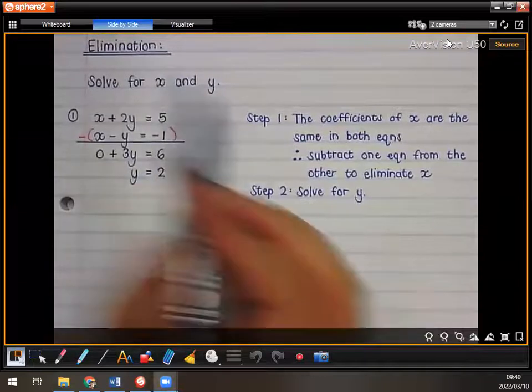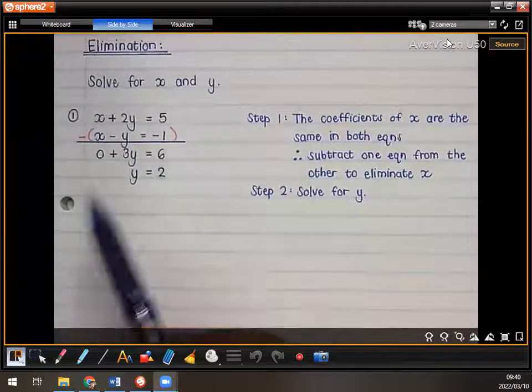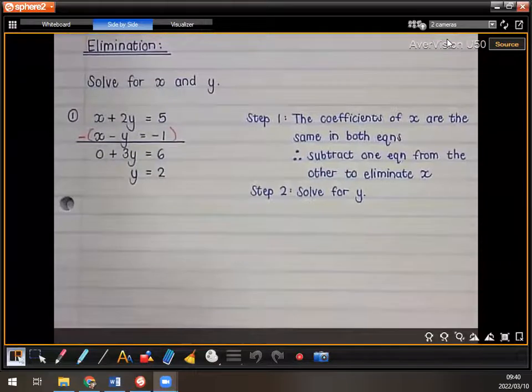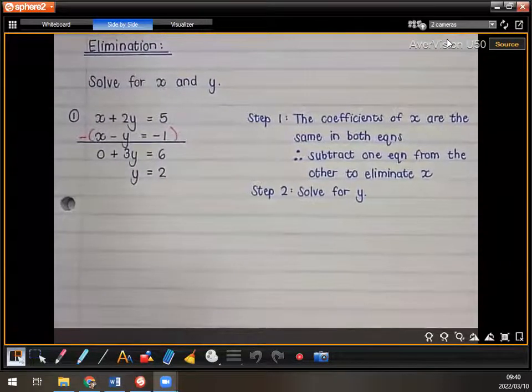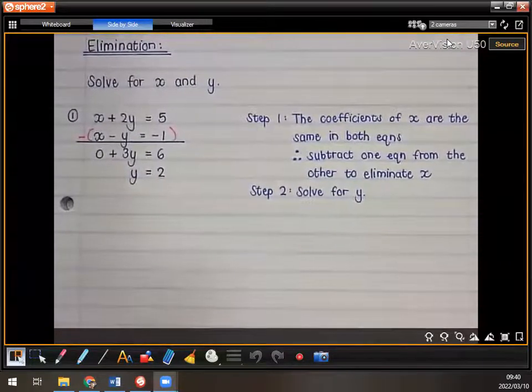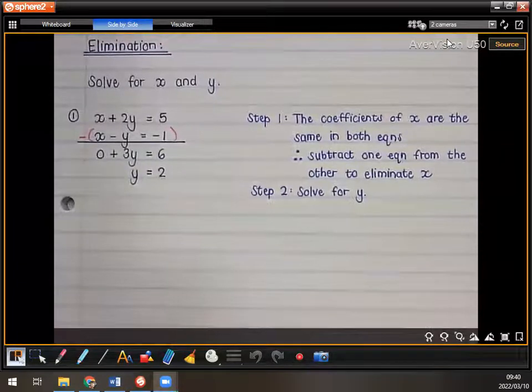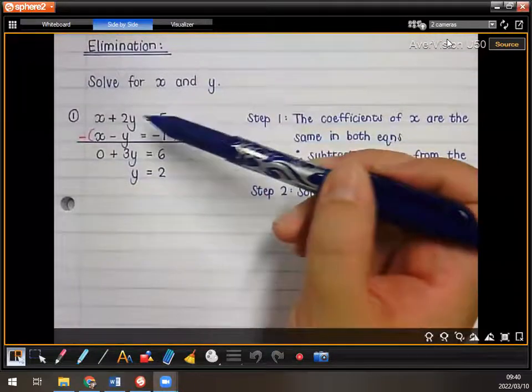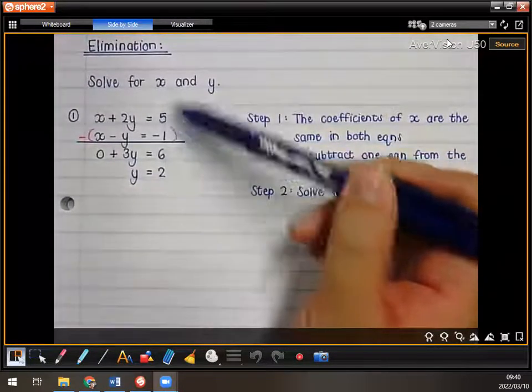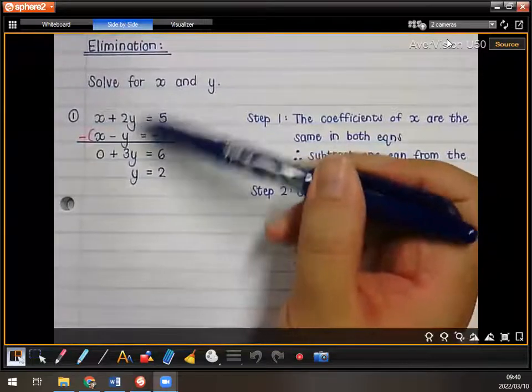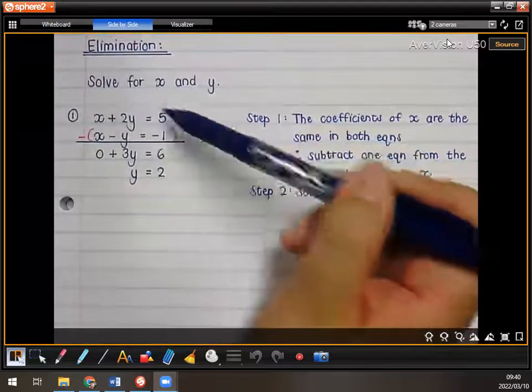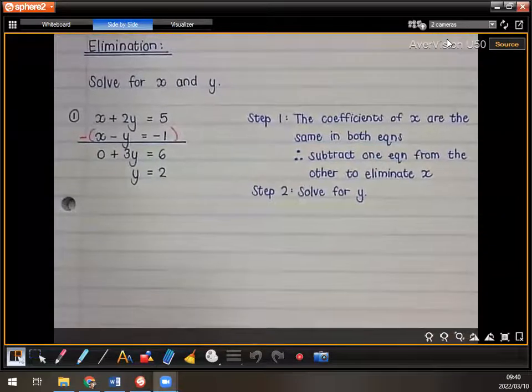Okay, now for step 3, guys, we have y, we still need to find x. Now in this case, we don't have an x equals whatever, like we did in the substitution method, right? In the substitution method, our first step was get x on its own by moving everything over to the other side. Then we use that in the last step to get our x value. So now in step 3, you are just going to have to choose one of your two equations and sub in your y value that we just got into one of those two equations and then solve for it.